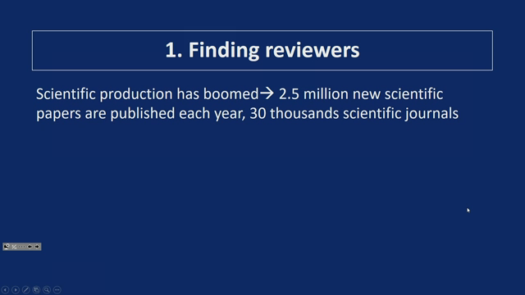A first major challenge is related to scientific production, which has increased dramatically over the last decades. We now have, for example, 2.5 million new scientific papers published each year and over 30,000 scientific journals. So peer review, we have to remind, is not a paid activity. Scientists do that for free.